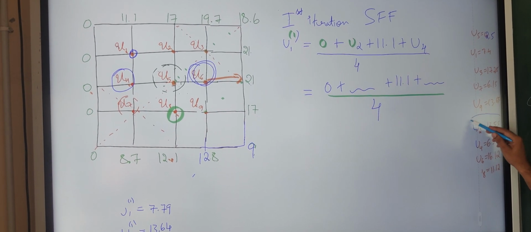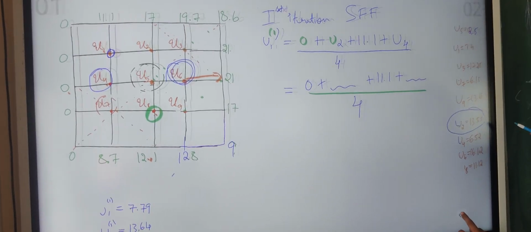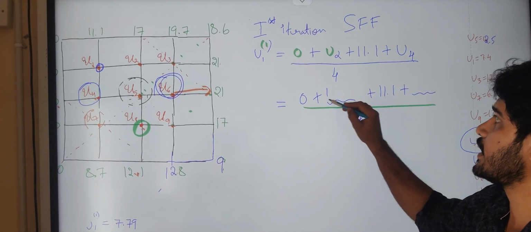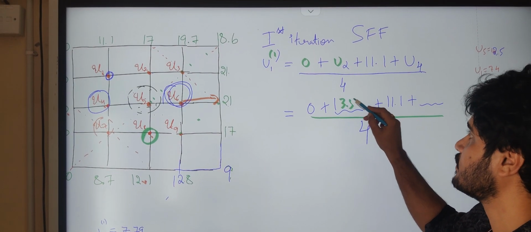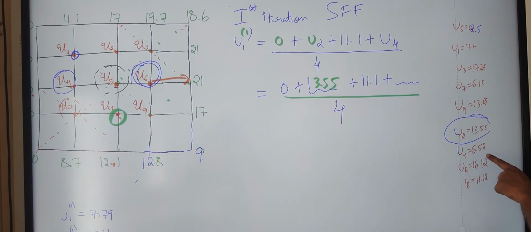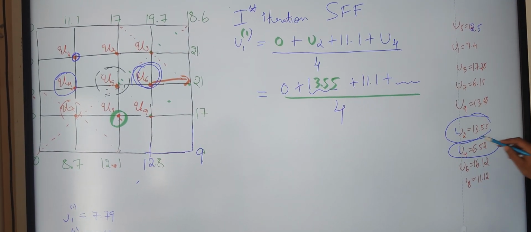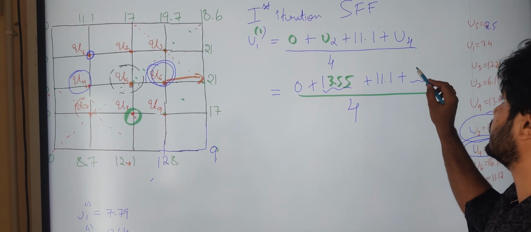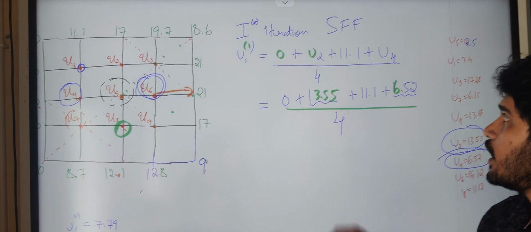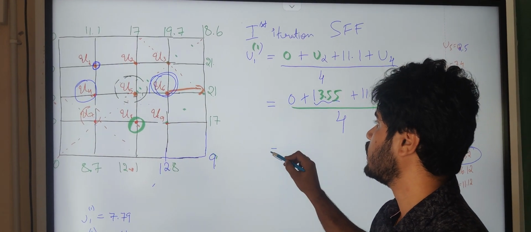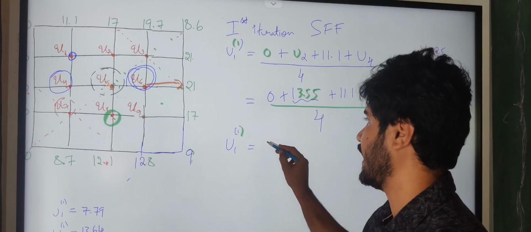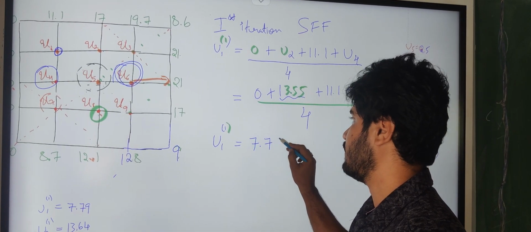So here I have u2. Here you can observe that u2 is 13.55. Okay. And in place of u4 it is 6.52. So just substitute here 6.52, and if you divide that by 4, you will get the first iterative value of u1 as 7.79.